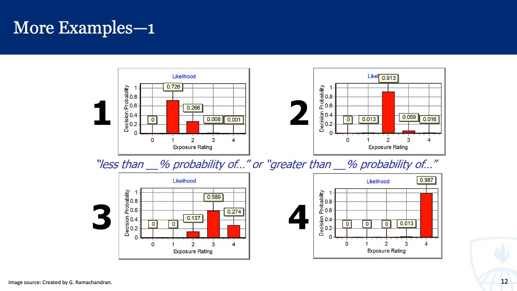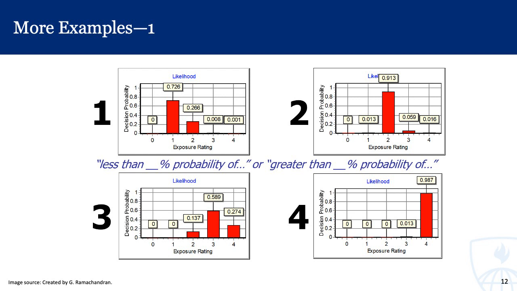So let's say for example number 1 in this chart, we could say that there is a 72% chance that this is a category 1 exposure, and there is a very minute chance that exposures are exceeding the OEL, so almost 0.1% probability. Whereas in example 4, we can say that there is almost 100% probability that this is a category 4 exposure.